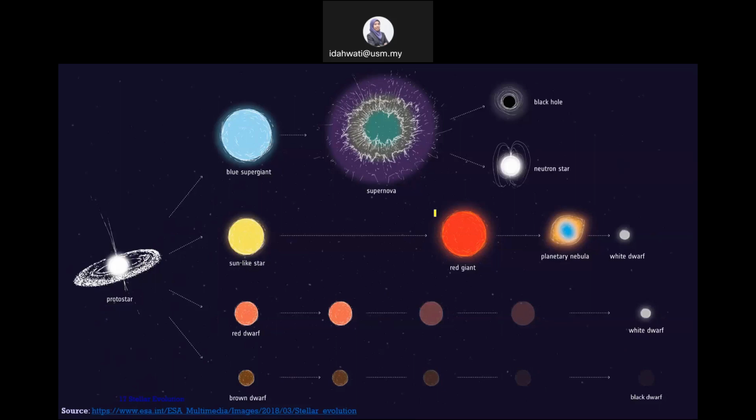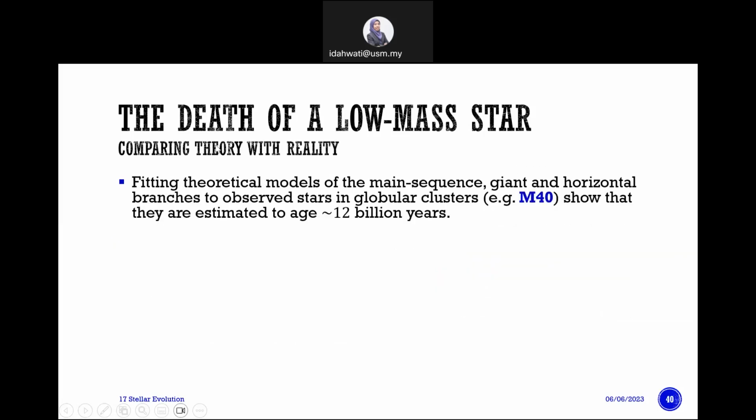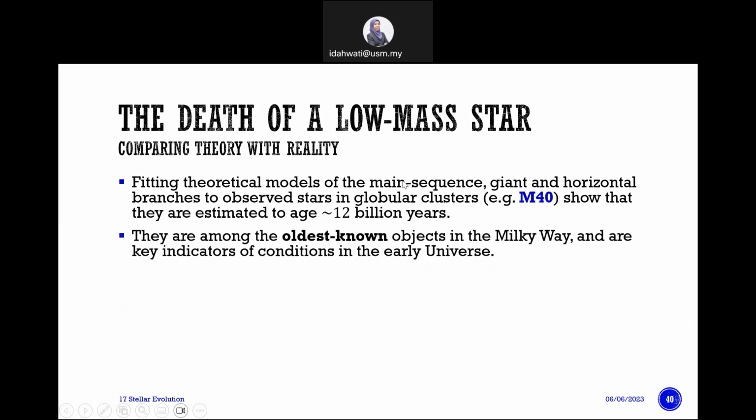It is estimated to take more than the age of the universe for a white dwarf to turn into a black dwarf. So basically it begins with the white dwarf. Comparing the theory with reality for M4, it is the fitting theoretical model of the main sequence and the giant and horizontal branches.